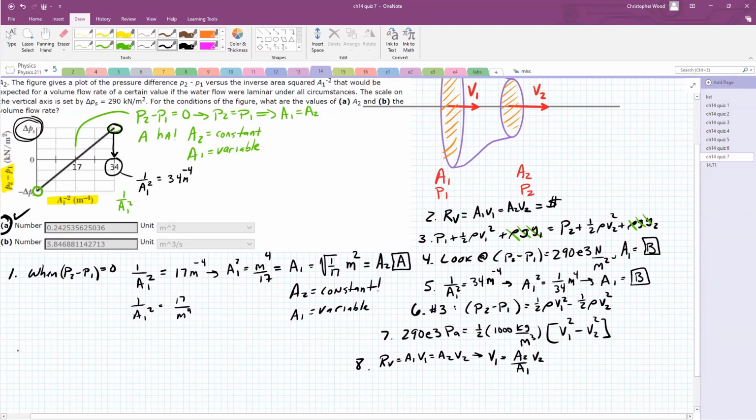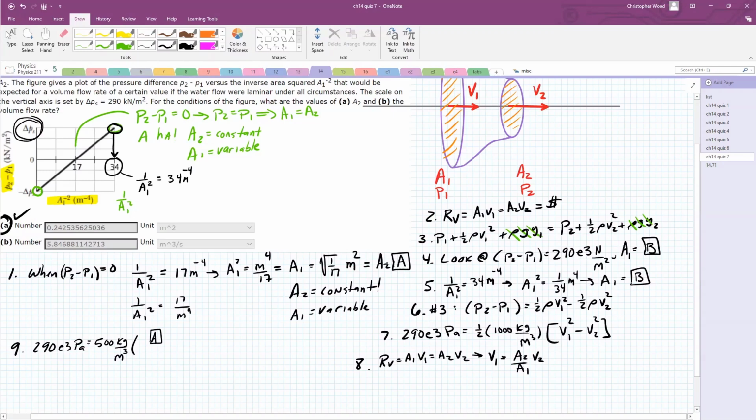So here's my number 9. 290,000 pascals equals 500 kilograms per cubic meter times V1 squared. Here's V1 squared. It's A2, which is calculator memory location A. There's A2.